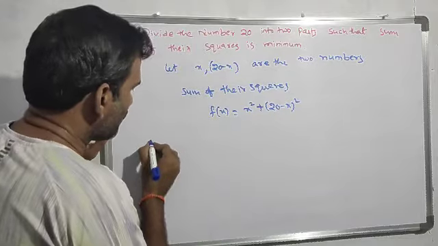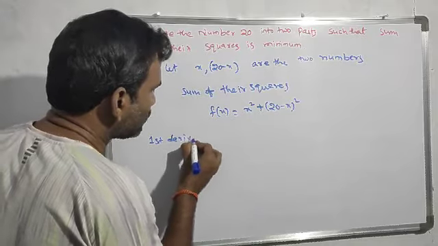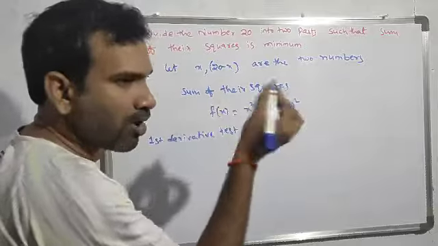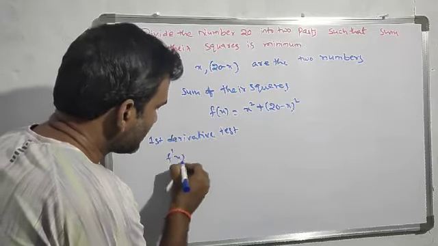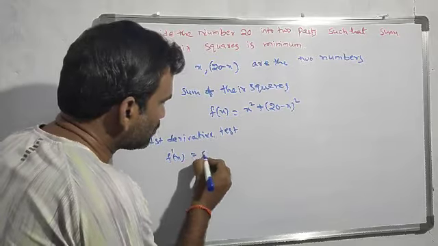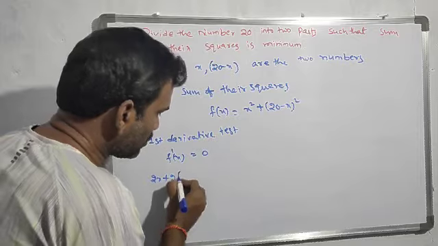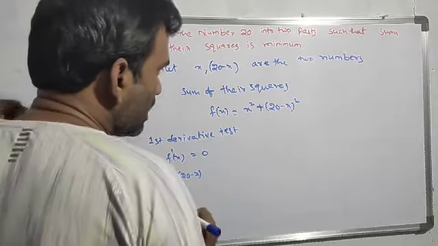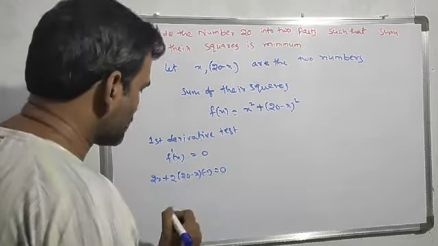So, first derivative test. To find the maxima or minima, first I am using the first derivative test. That means f dash of x equal to 0. So what is f dash of x? 2x plus 2 into 20 minus x, and the derivative of 20 minus x is minus 1, equal to 0.